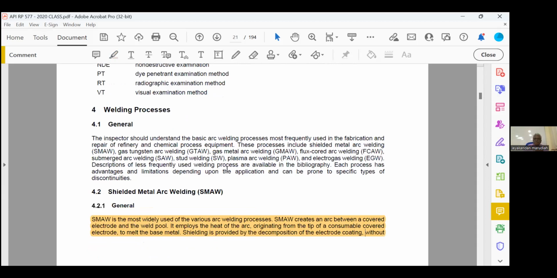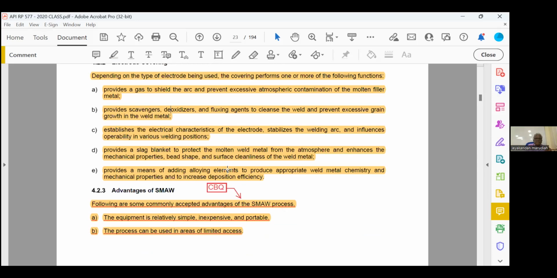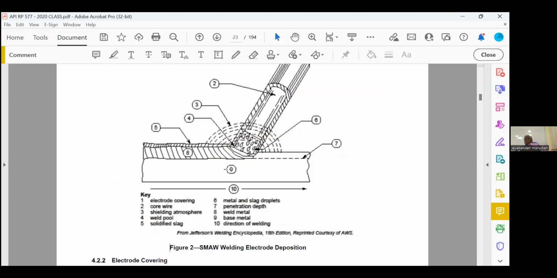Now, SMAW. Right away we will go to the advantages and limitations. SMAW is normally used in the welding process. It's normally called arc welding. So the arc is initiated between flux coated electrodes.